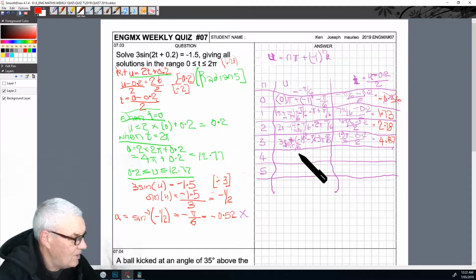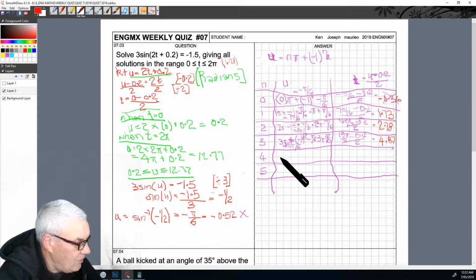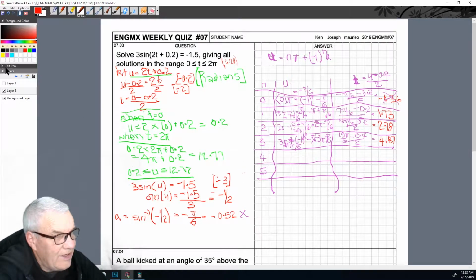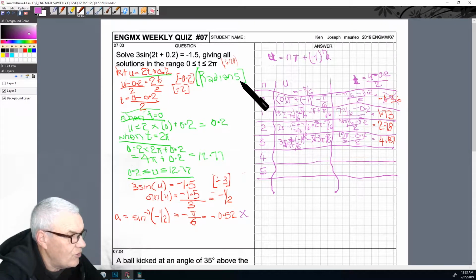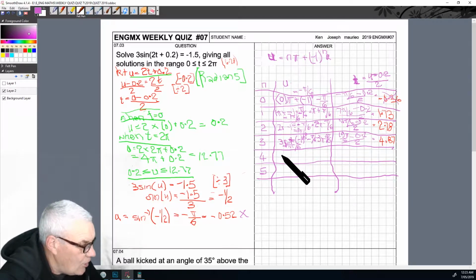4.87. Now over here, we're still within range, 4.87. Our range is 6.28, so let's go 4 now.